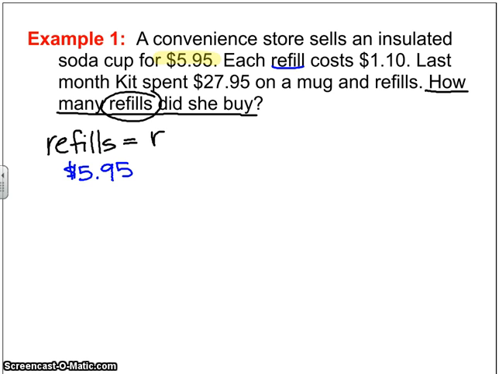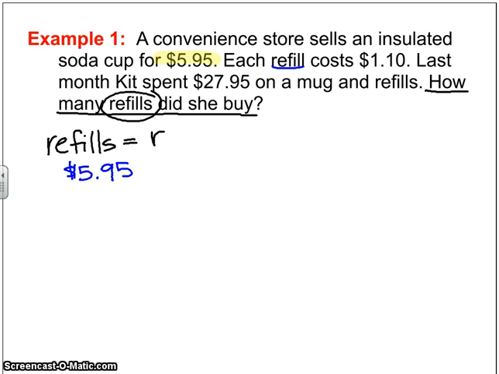Now, on top of that, each refill. Are refills something that happens once, or many times? Refills happen many times, so this is probably associated with a multiplication step. If refills cost $1.10, then if I only refill it once, it's $1.10 times 1. If I refill it 50 times, it's $1.10 times 50.